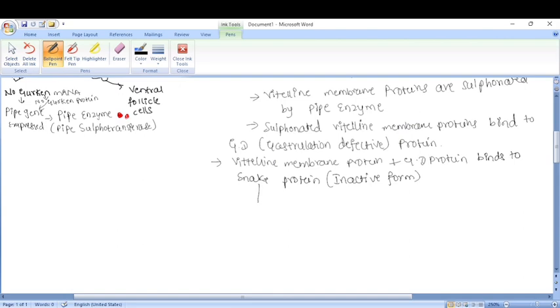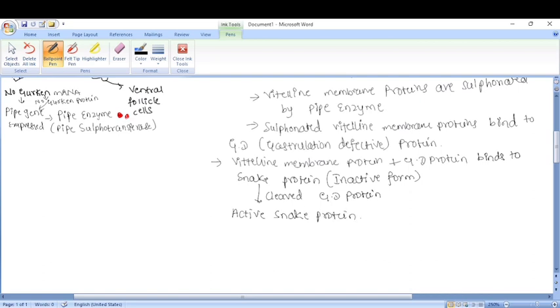This snake protein will be cleaved by GD protein and it will become active snake protein.